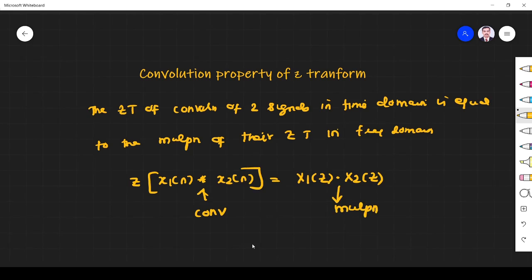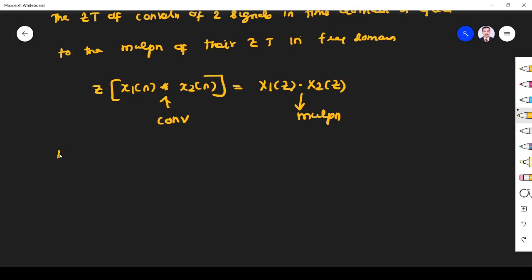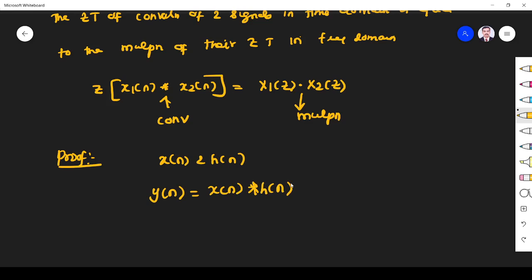Let us prove that. Proof. We know that if we have two signals x of n and h of n, what is the convolution between x of n and h of n? x of n star h of n is given by summation x of k h of n minus k, where k varies from minus infinity to plus infinity.